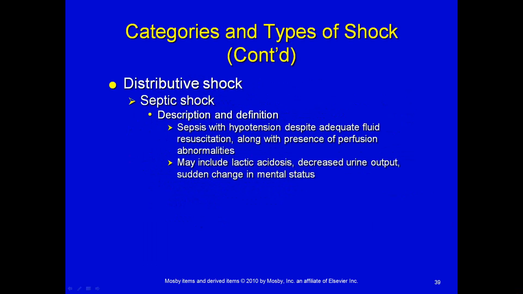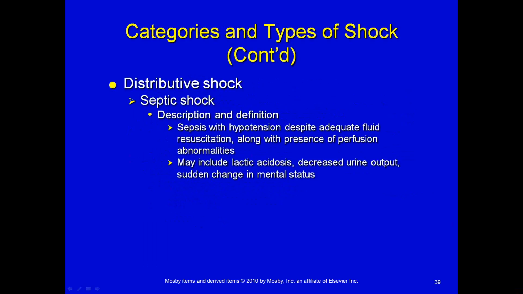Sepsis, which is an infection, a systemic blood infection, the toxins associated with sepsis cause the vessels to fully dilate. When the vessels fully dilate, blood pools out into the periphery and causes a drop in blood pressure.